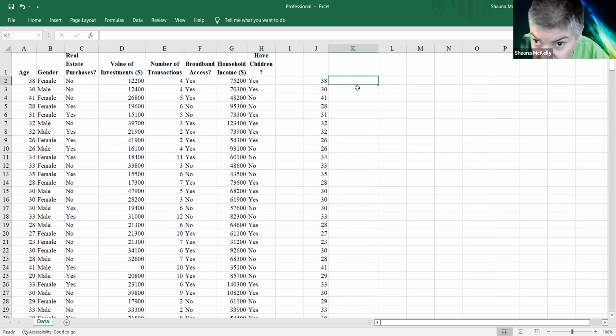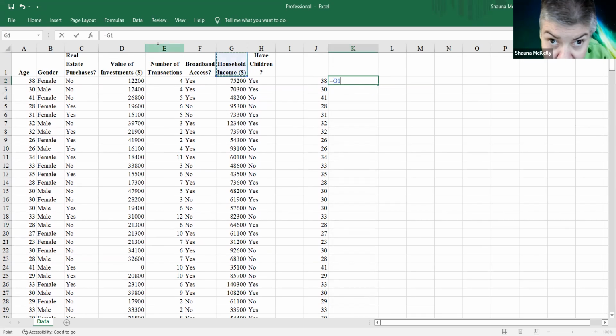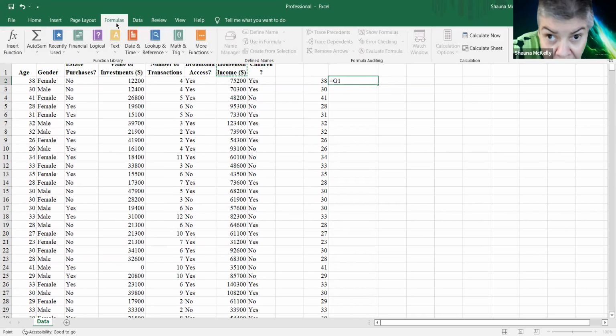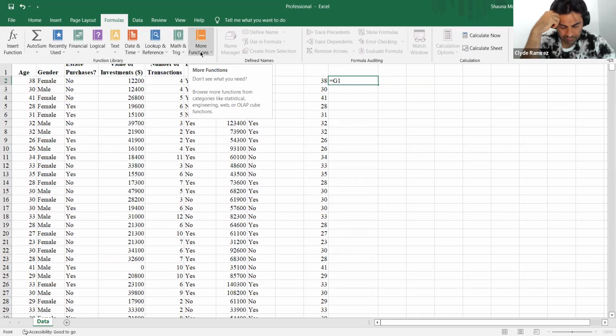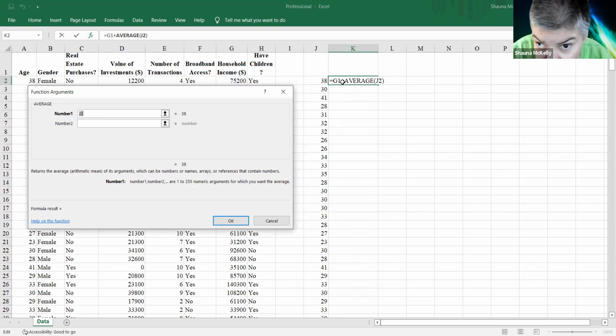So this is going to equal, I'll put it up here, equals, and then more functions. So this is statistical, average, and then I don't want to put J1 in here though. I want to get rid of this part.